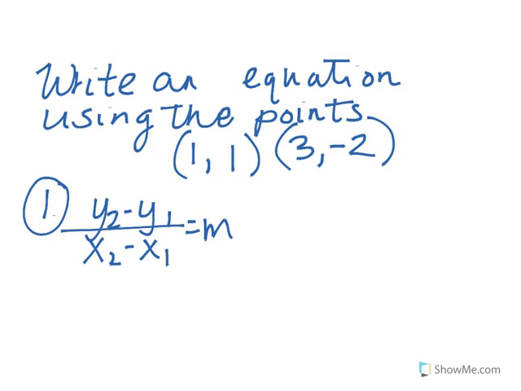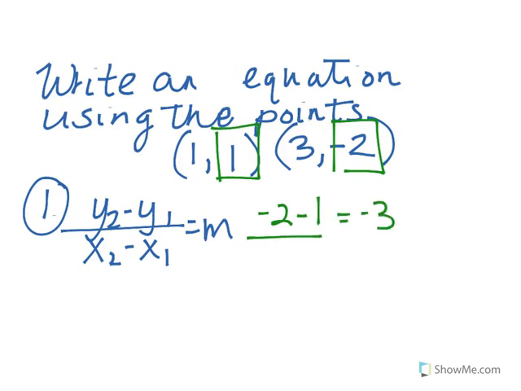Okay, so we're going to plug in. So we have our y2 minus our y1, so negative 2 minus 1, and that gives you negative 3. And then we have 3 minus 1, and that's going to give us a 2. So negative 3 over 2 is going to give us basically a negative 1.5.